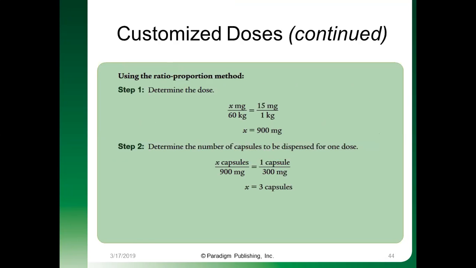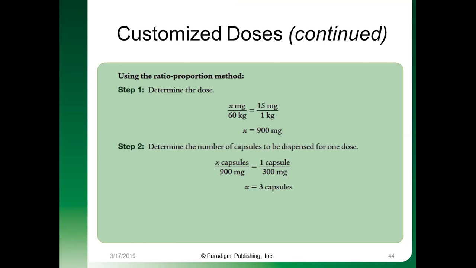So X times 1 is X, 60 times 15 is 900. So then the dose is 900 milligrams. Now let's determine the number of capsules we need. So X capsules over 900 milligrams is equal to 1 capsule over 300 milligrams.